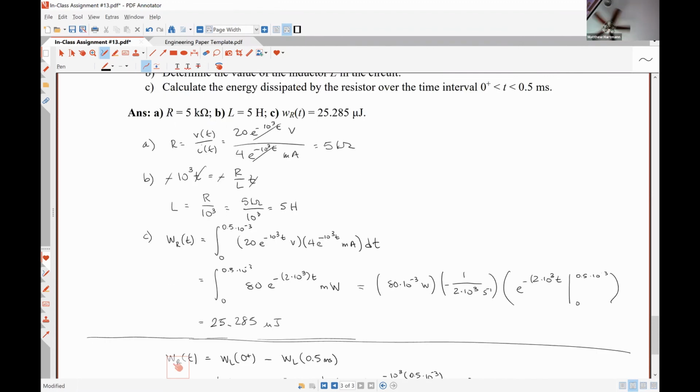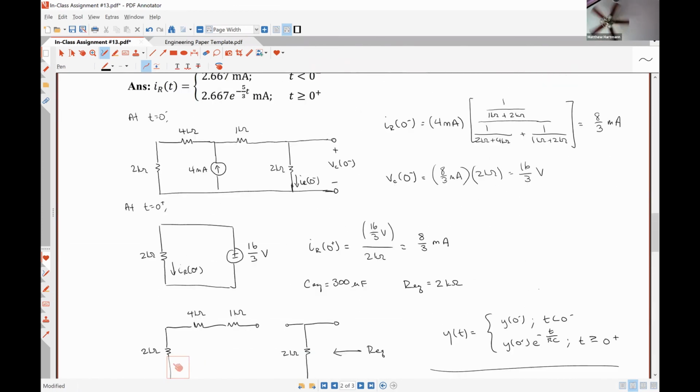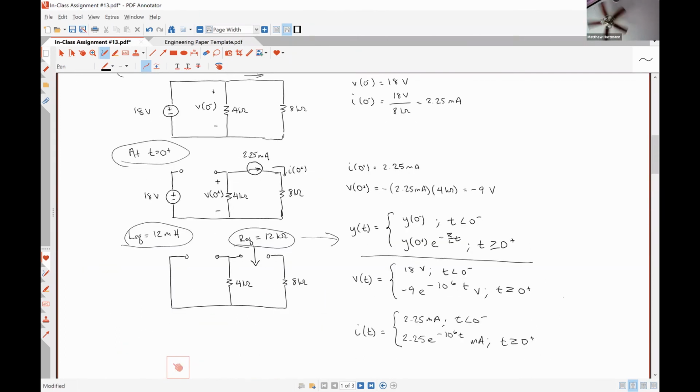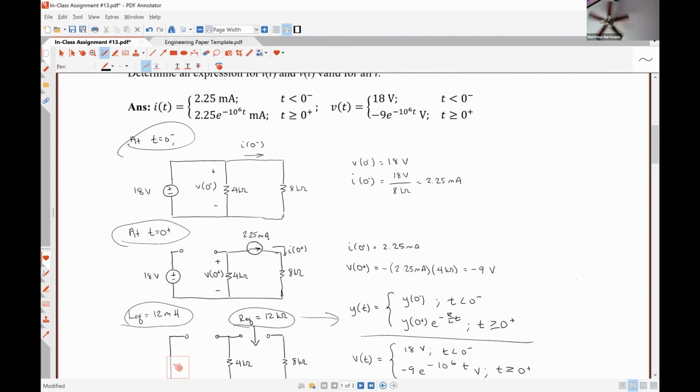Another way, so let me revisit one of these problems real quick and see if I can think of something. No, none of these really lend themselves to it. I was going to say we could try to develop a relationship for the voltage drop across the inductor by, I guess we could do that.